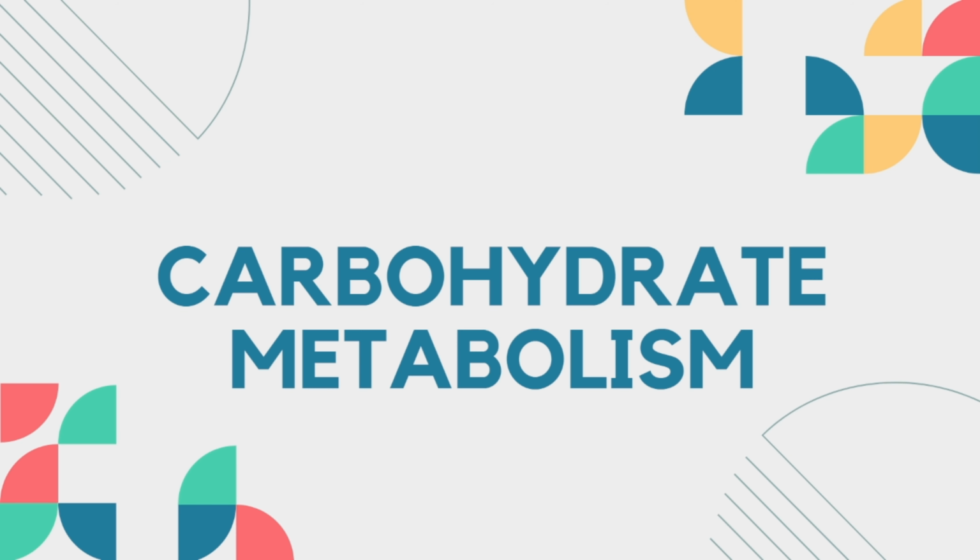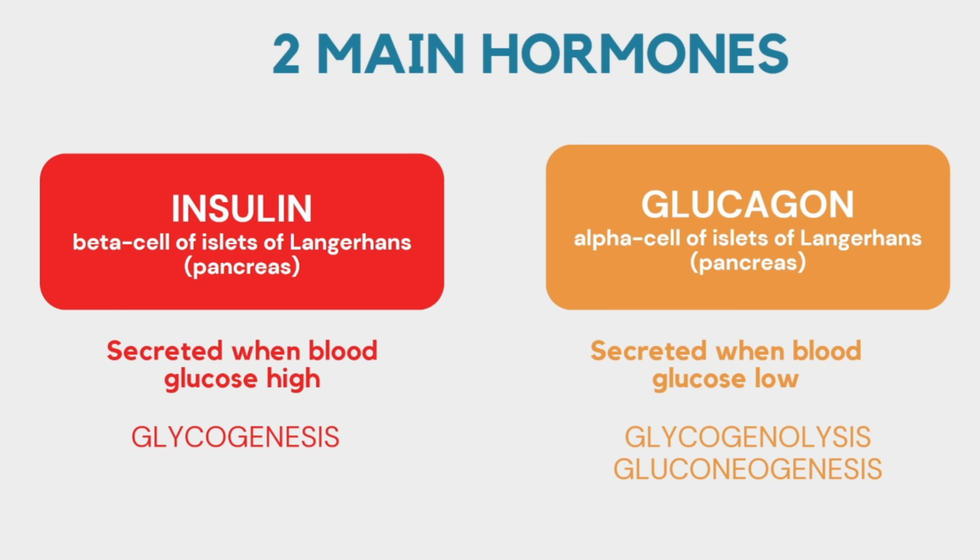First of all, carbohydrate metabolism. This is controlled by two major hormones that you already learned in SPM, which are insulin and glucagon. Recap what you learned in SPM. Both insulin and glucagon are produced in the pancreas.